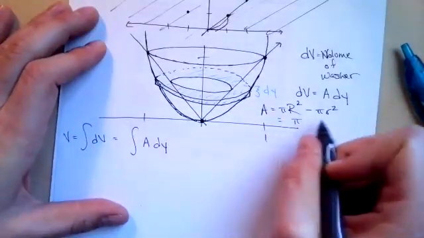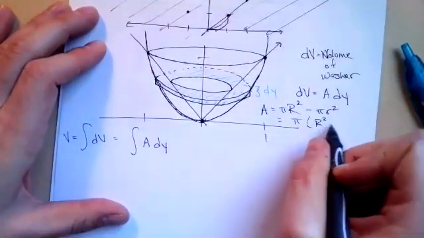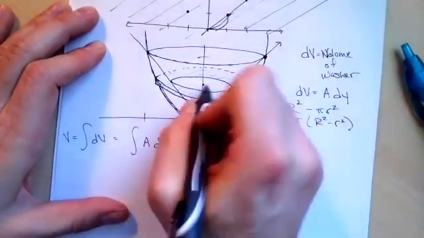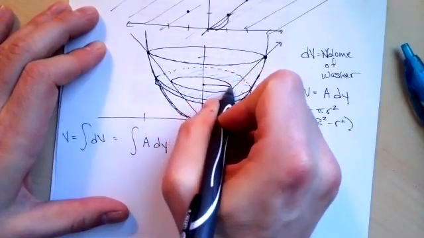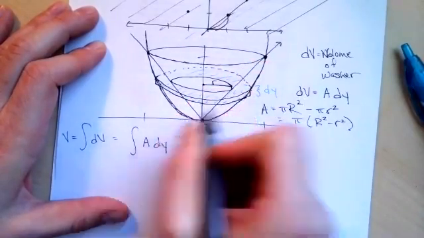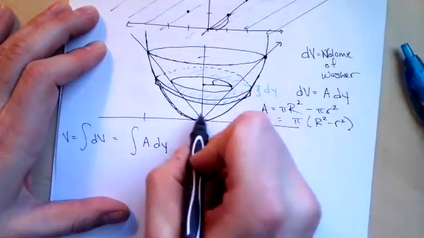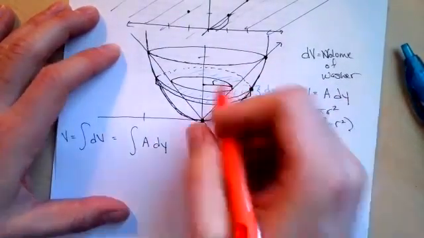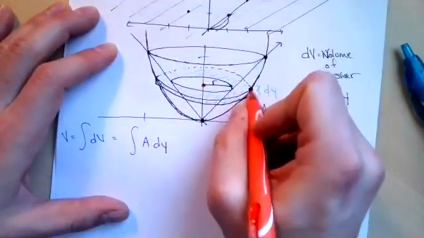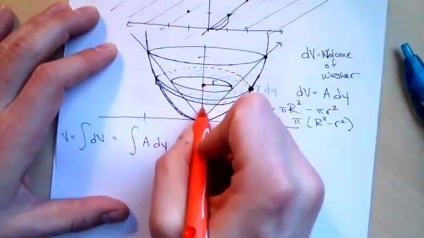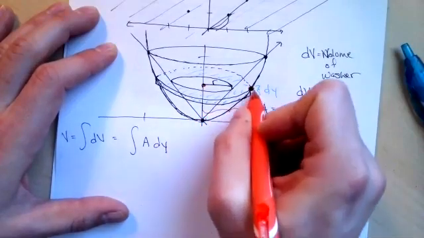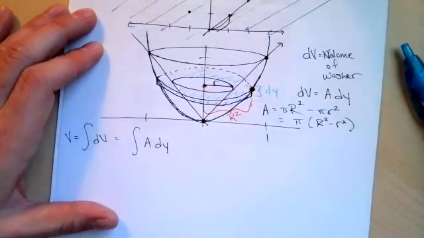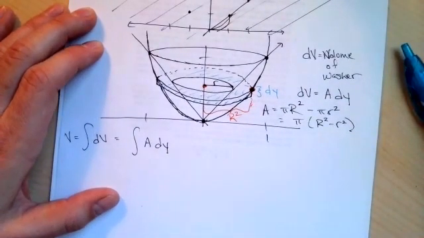We can reduce that to pi times big R squared minus little r squared, where little r comes out to here. Big R, let me do that one in orange. See if that stands out enough. Yeah. Big R is our outer radius.